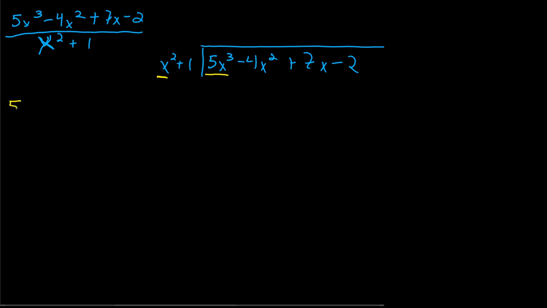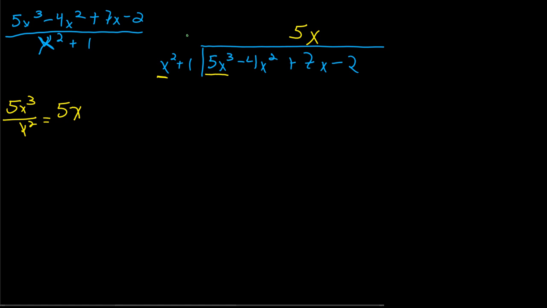So 5x cubed divided by x squared is equal to 5x. So I will put 5x up here.